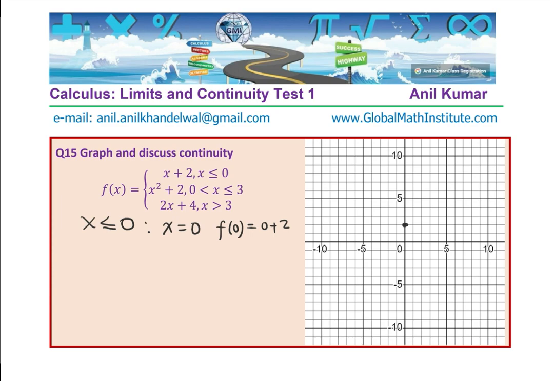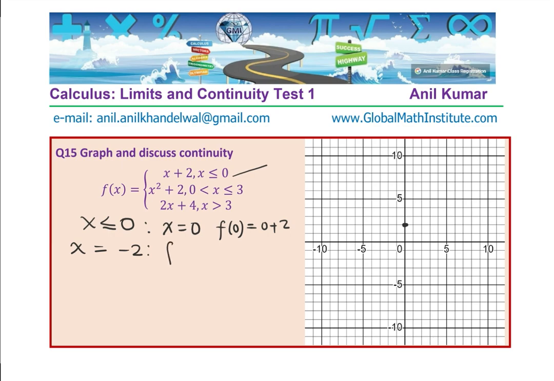Now let's check one more point. x plus 2 is a straight line, correct? So if you graph it, it will be kind of like this. To graph a line, we just need 2 points. So let me also try a value which is less than 0, and let it be minus 2.